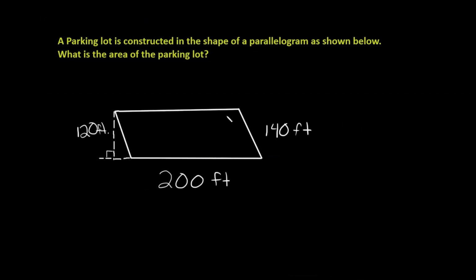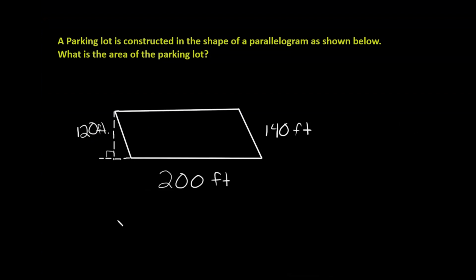And we'll notice we actually have three values, but we need to understand that 140 here, the length of this slanted line, does not matter, because 120 is the height here, because it's going straight up and down between the base that we're trying to find the area of, right? 200 is the base, and then we want to find the height between this base and the base that is parallel to it, which is 120 feet up and down.